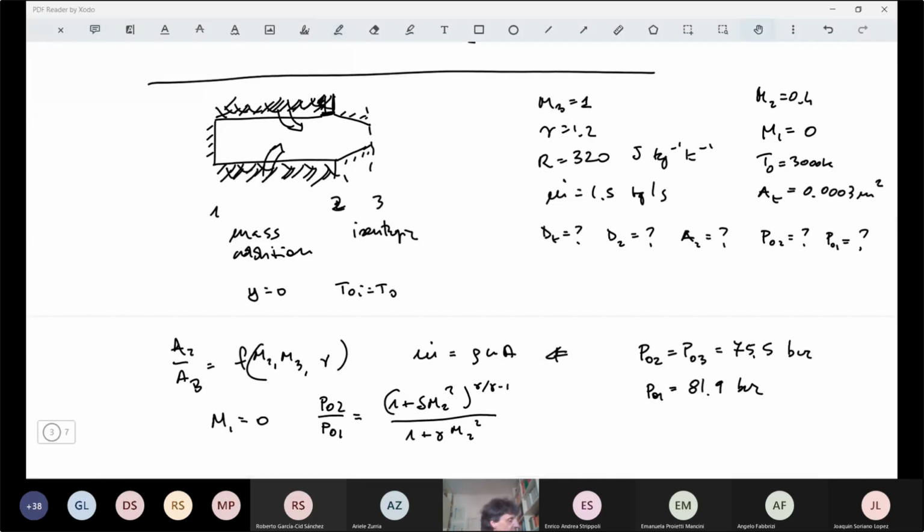And so also here you can work it out and check with this result.